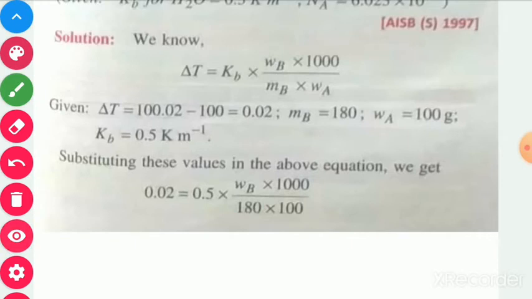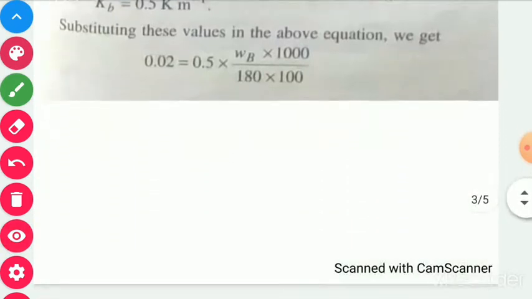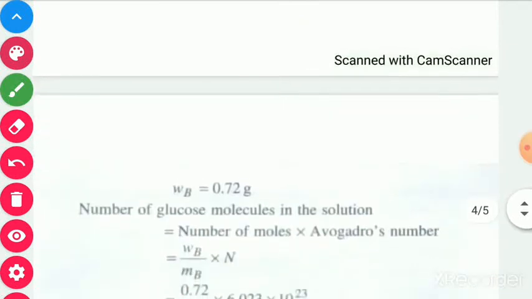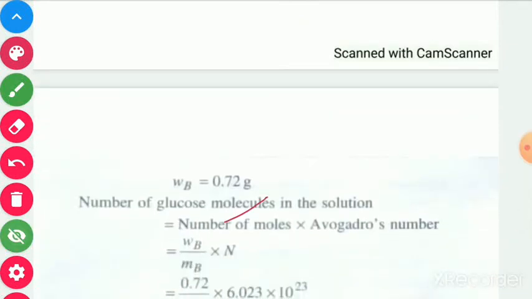So on solving, the mass of solute, that is Wb, will be equal to 0.72 gram. Finally, we have to find the number of molecules of glucose. As we know, the number of molecules is equal to the number of moles into Avogadro number.